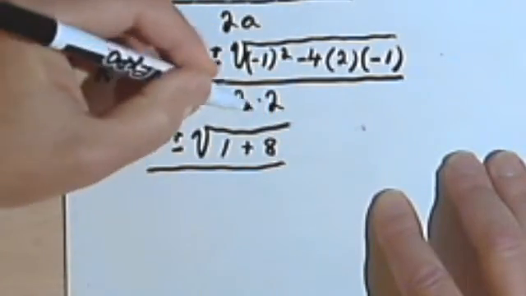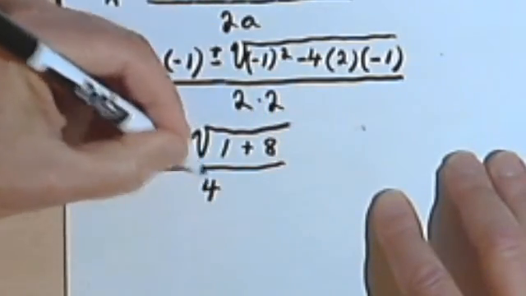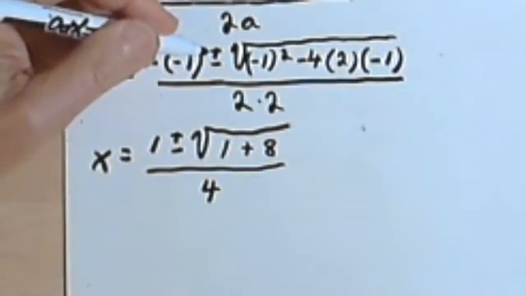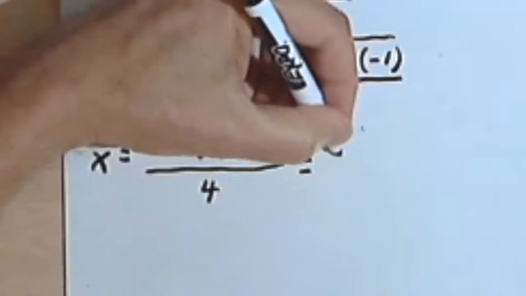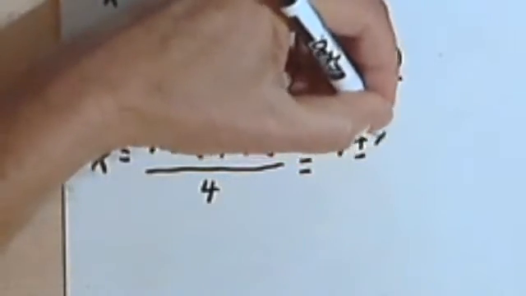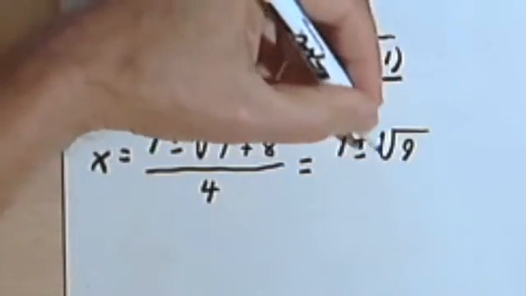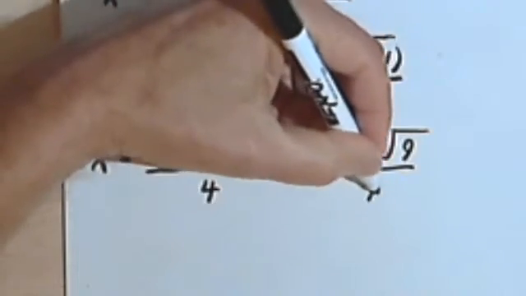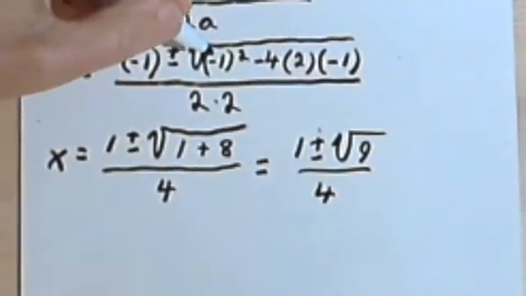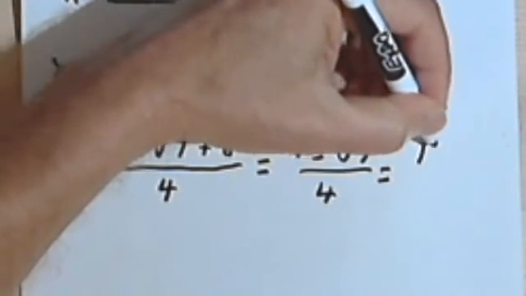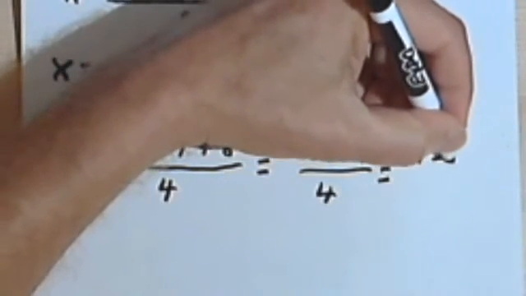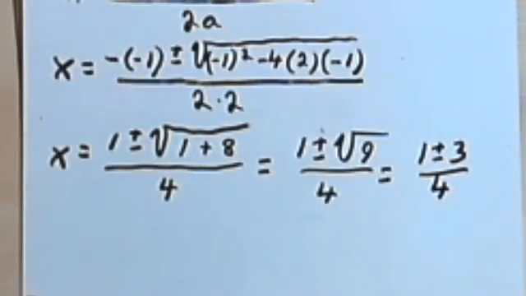And that's all going to be over 2 times 2, which is 4. Okay, so I can combine the 1 and the 8. I'll get 1 plus or minus the square root of 9 over 4. And the square root of 9 is 3, so I can simplify this even more to 1 plus or minus 3 over 4.